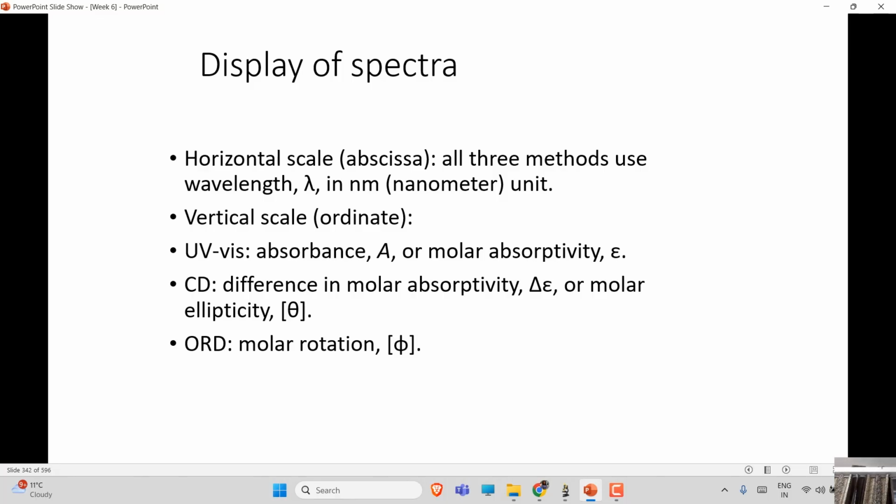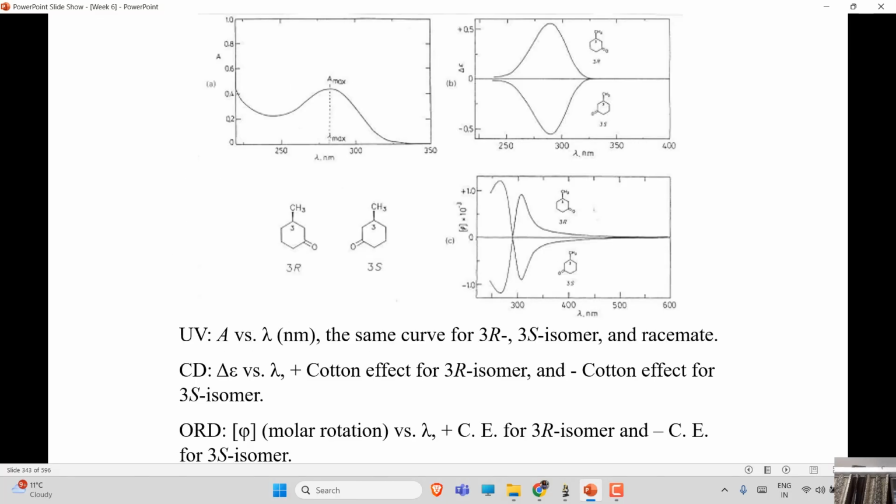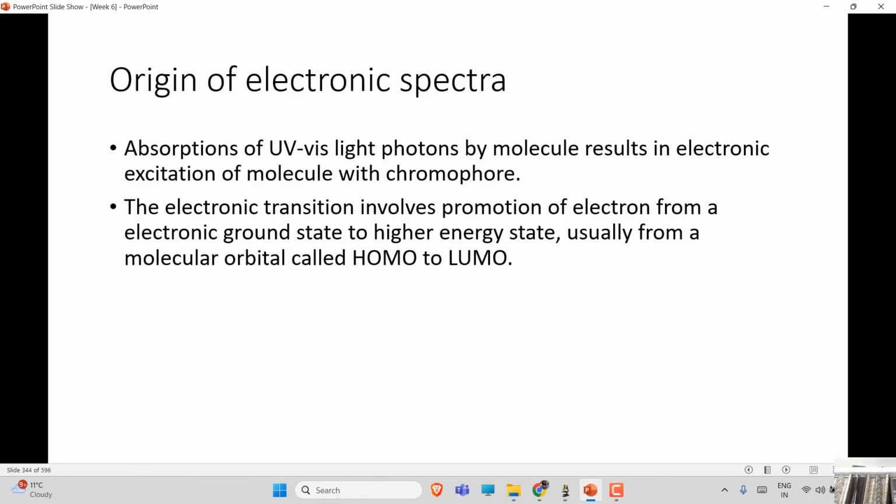And then we have molar rotation as well. These are some. So if you see over here, absorbance versus wavelength. For different isomers, they have tried to plot it, as you can see from this image.